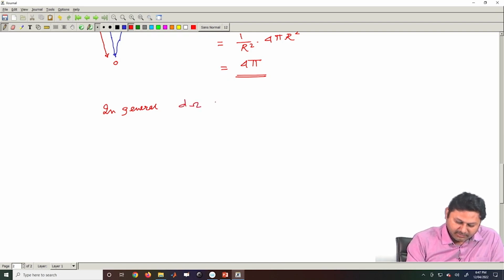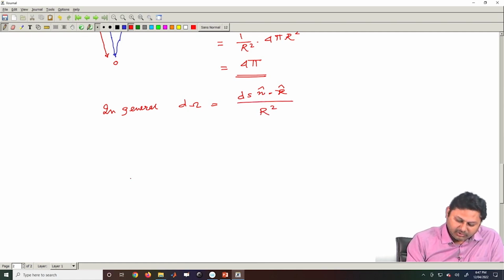So, in general, d omega is simply ds, the unit vector of the surface dotted with the unit vector of r, divided by r square.